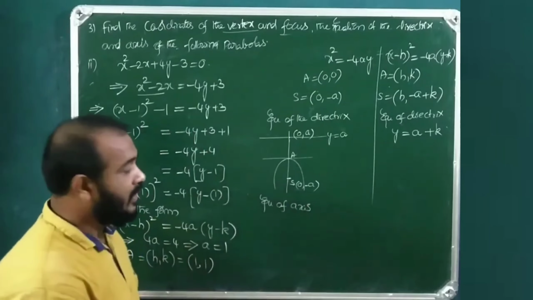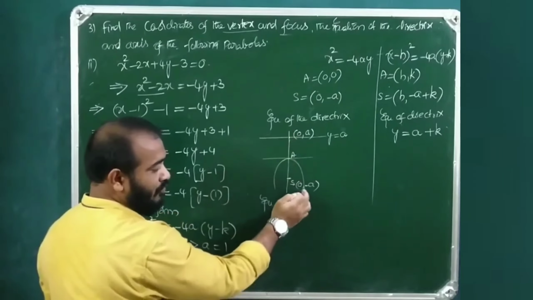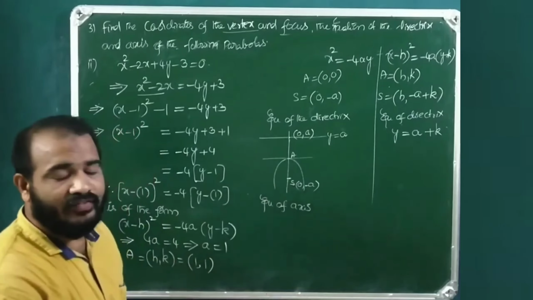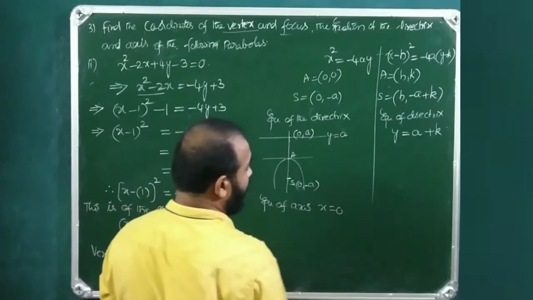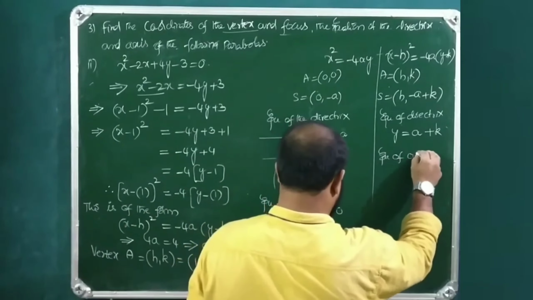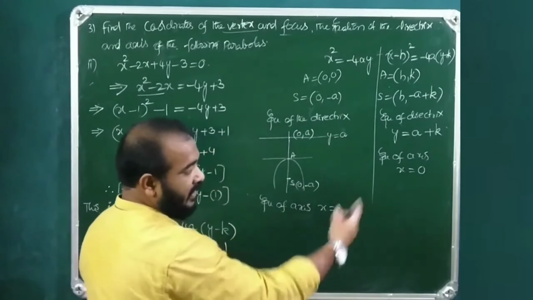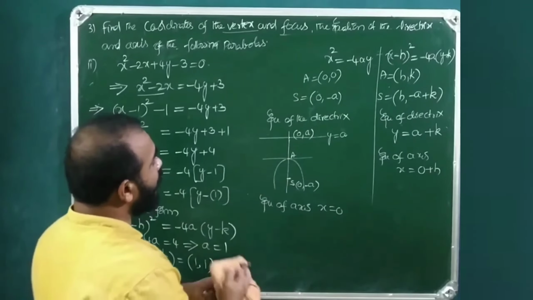That line which is passing through the focus. So which line is passing through the focus here? It is the y-axis. So what is the equation of the y-axis? x equals 0. But here the equation of the axis is x equals 0, additionally h will be added. So this is what we need to find out.